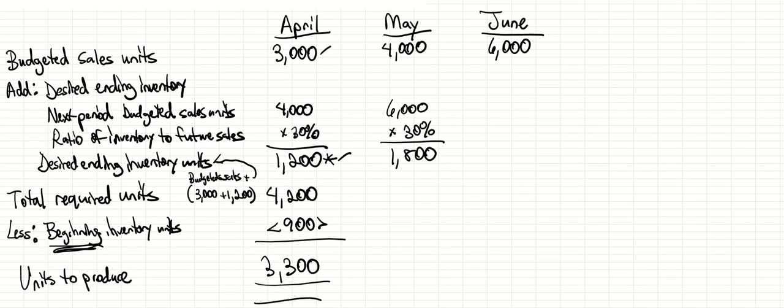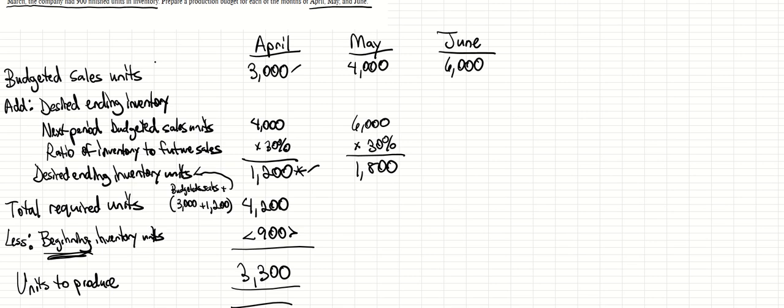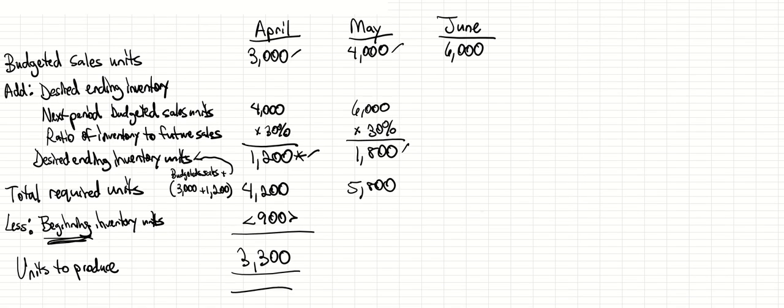So our total required in units is going to be the 4,000 units that's budgeted in sales for May, plus the desired ending inventory in units, which includes 30% of June's budgeted sales in units. That's going to give us, let's see, 5,800. Making sure my math is correct, 5,800.